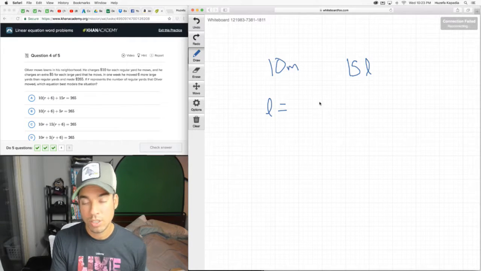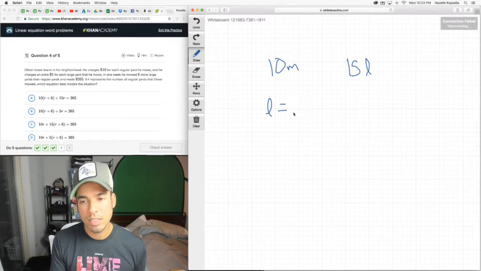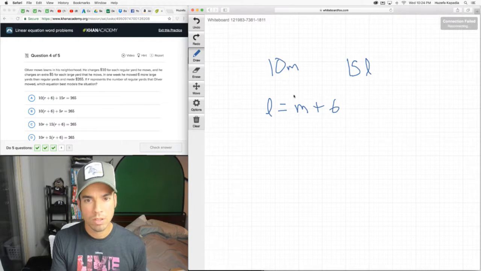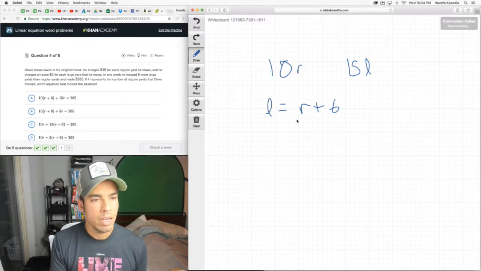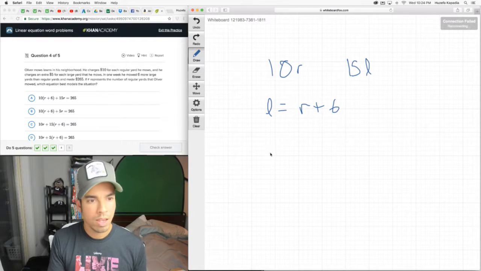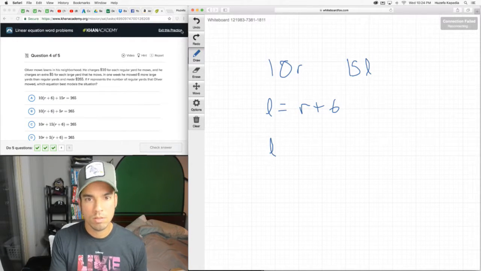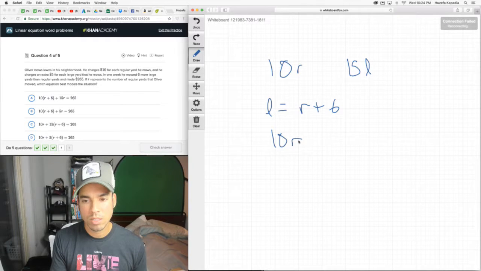So this is a system of equations, I guess. So in this week, the large ones equaled 6 more than the regular ones. Let's make this R, not M. And he made 200. So this is our first equation. Then he made 10 times R, that's how much he's making from the regular, plus 15 times L equaled 265.